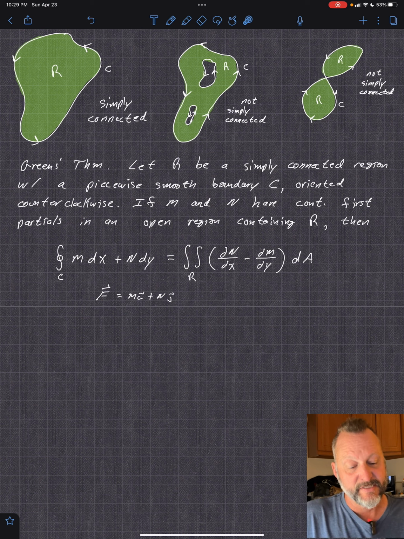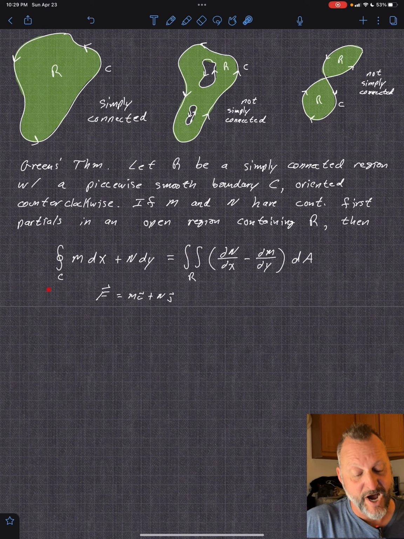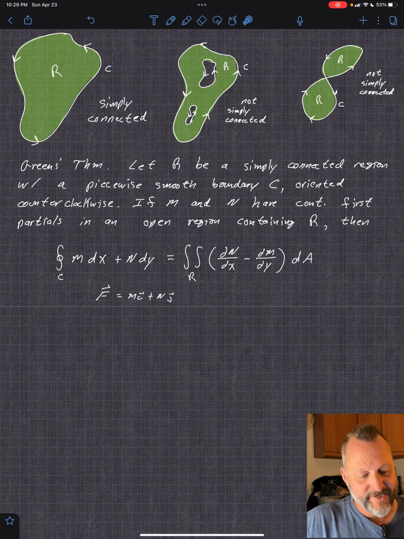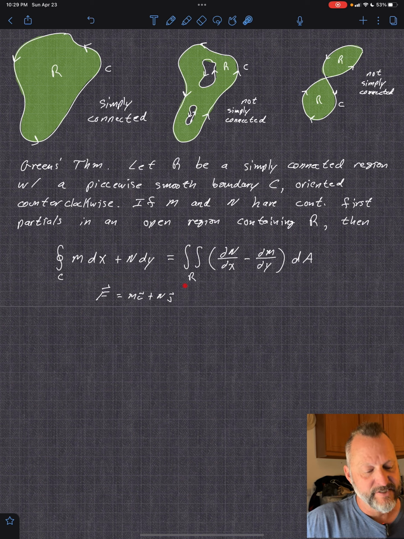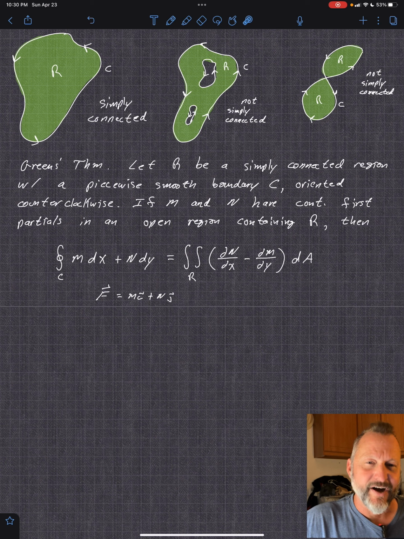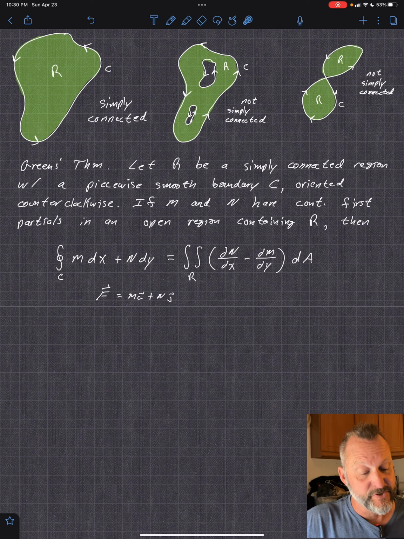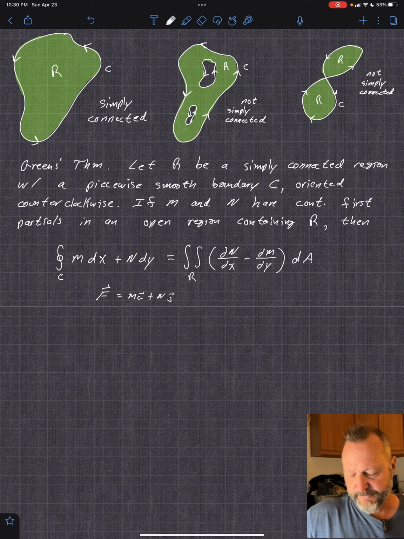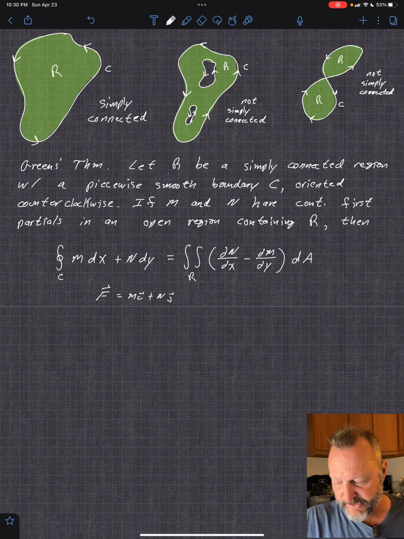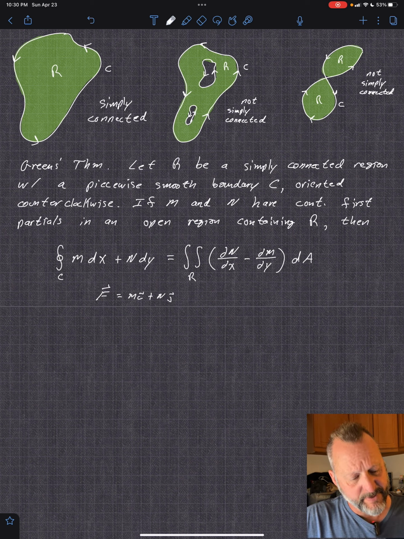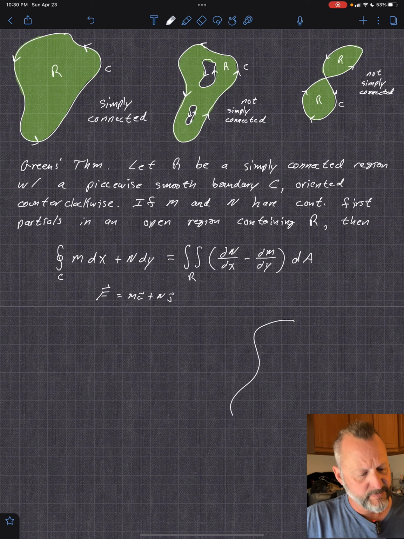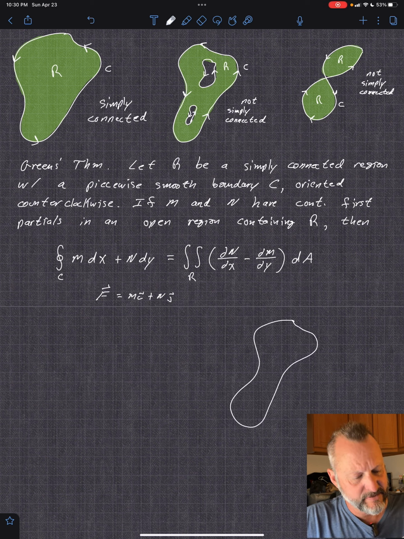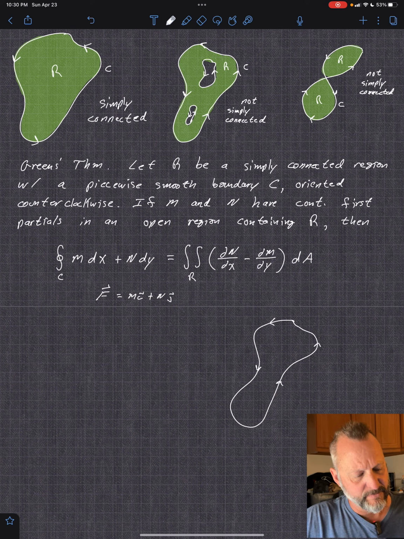What this specifically does is allow us to not do a line integral, and we can do a double integral over a region. Often, not all the time obviously, when you do derivatives or partials, it simplifies the function. So that's the idea.